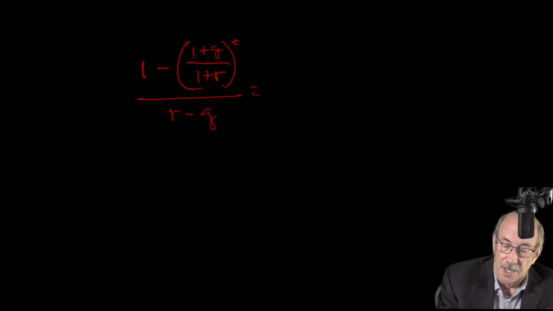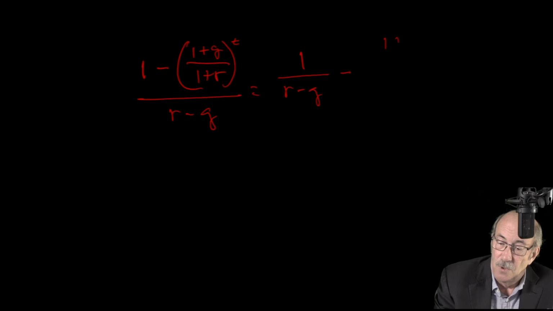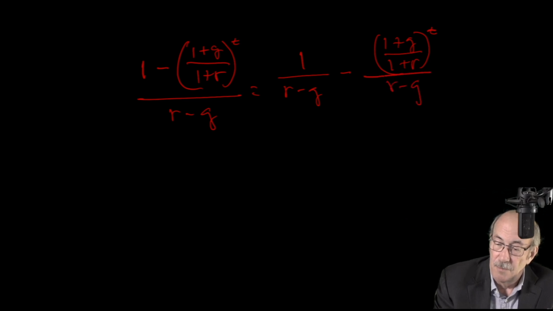Or we could break that out as 1 over r minus g, minus the quantity 1 plus g over 1 plus r, all raised to the power of t, divided by r minus g.